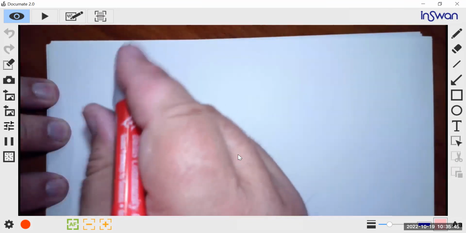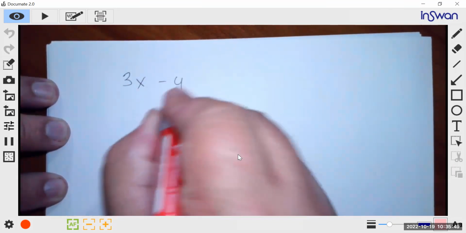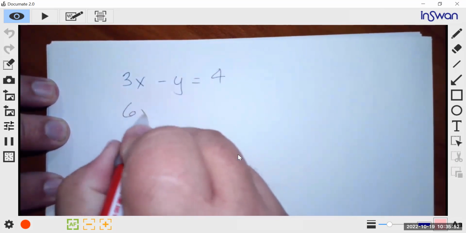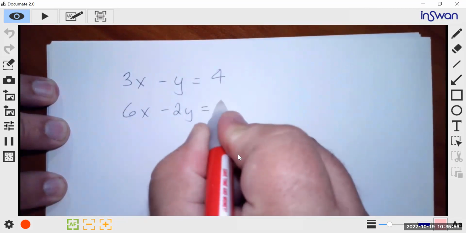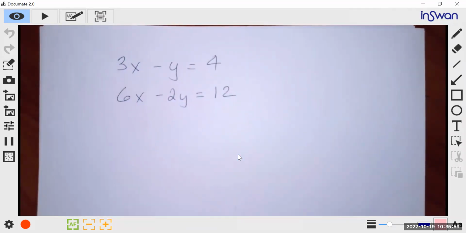Let's look at what this one will look like. So what variable will we get rid of?